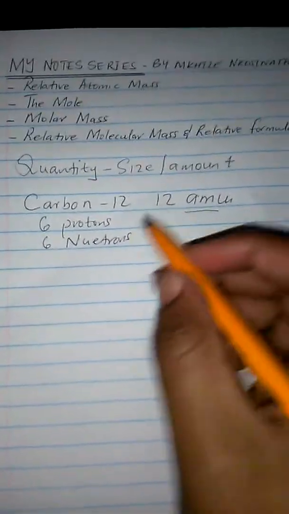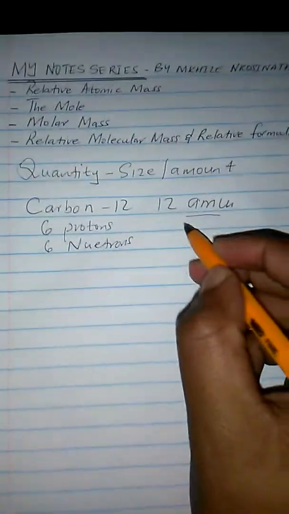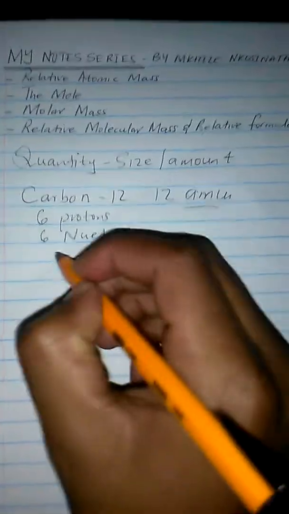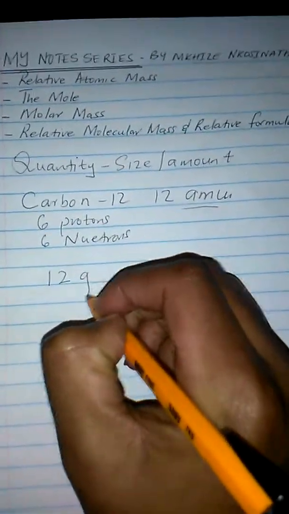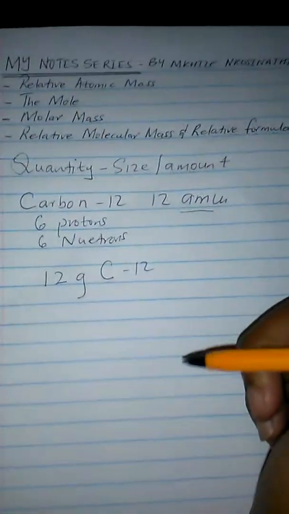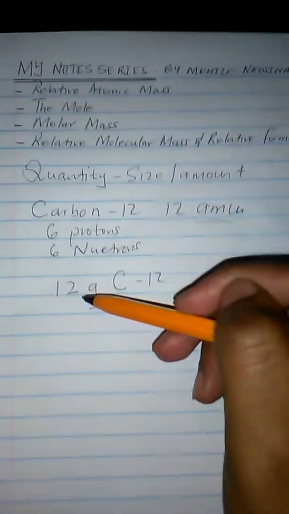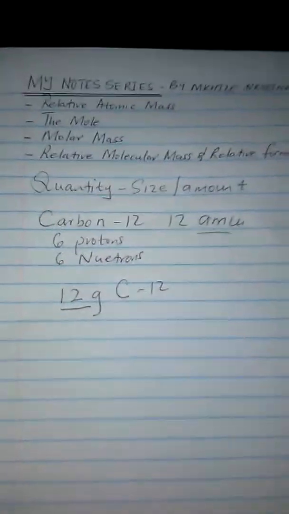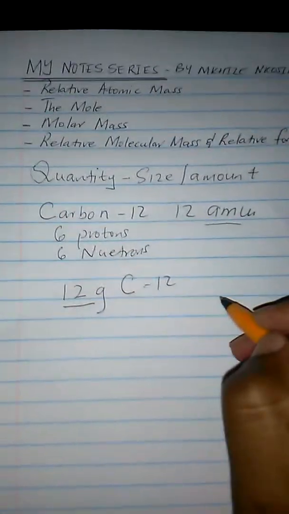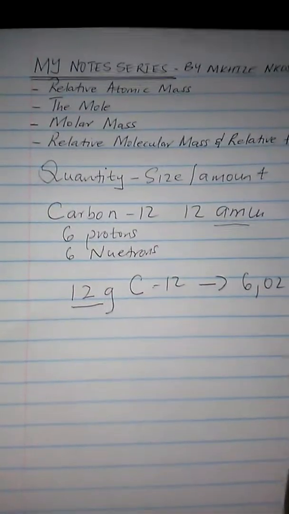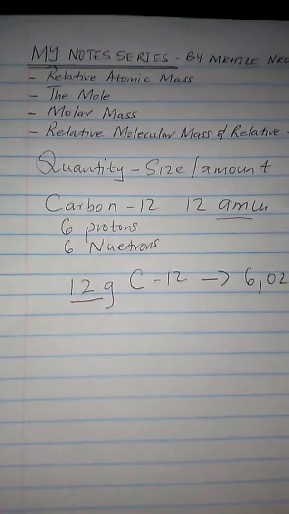So they asked themselves the question, how many atoms of carbon 12 will we need in order to have 12 grams? And it turned out that they needed 6,02 times 10 to the 23 atoms.